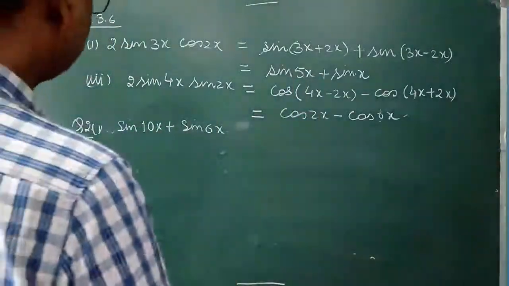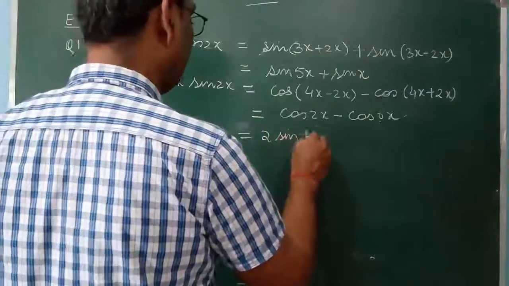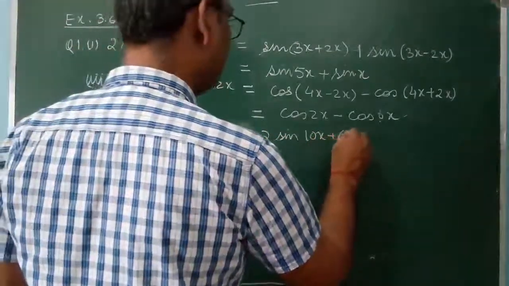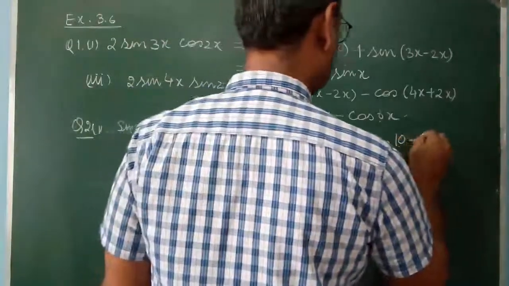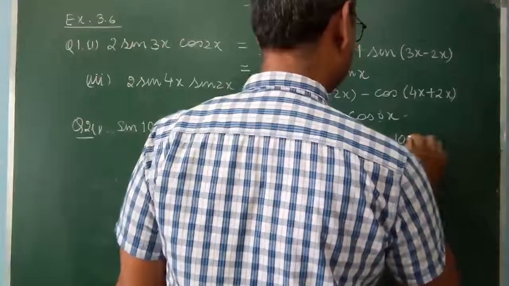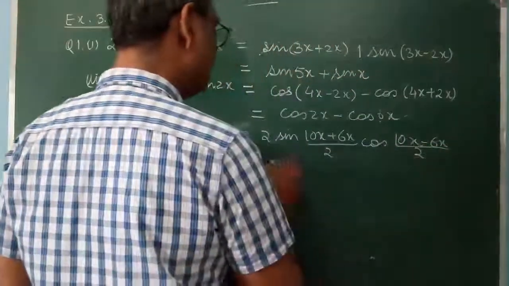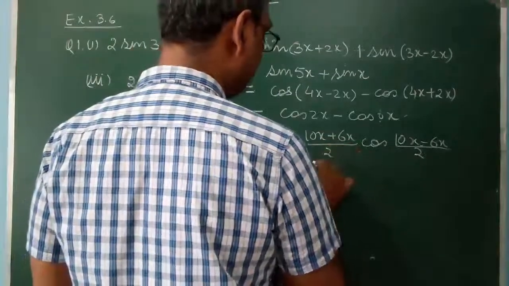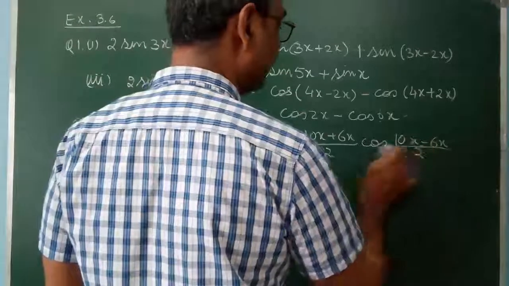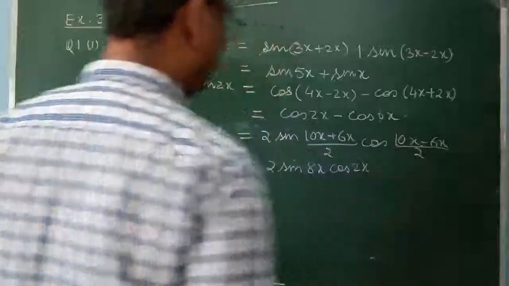What will the formula be? Sin A plus sin B equal to 2 sin A plus B by 2 into cos A minus B by 2. So this is 2 sin 16x by 2 means 8x, and this is 4x by 2 means 2x.